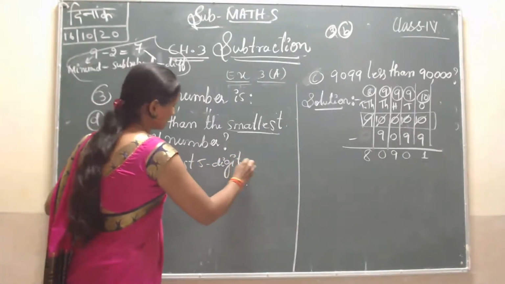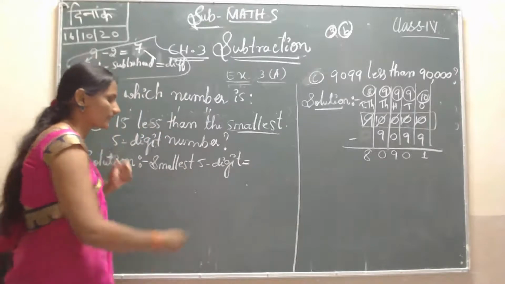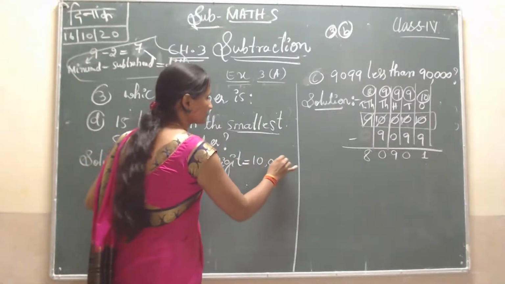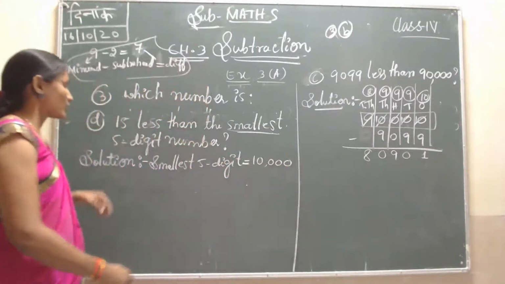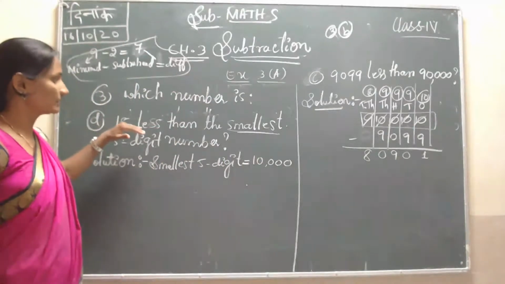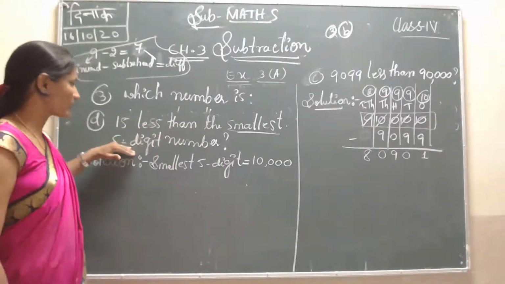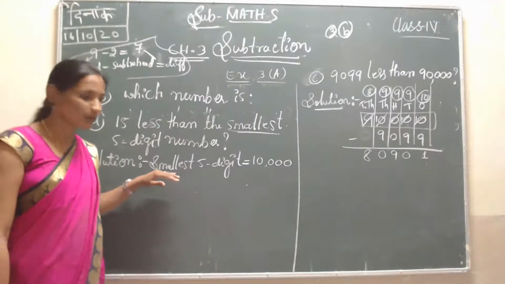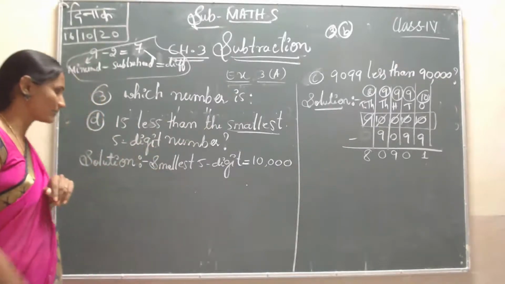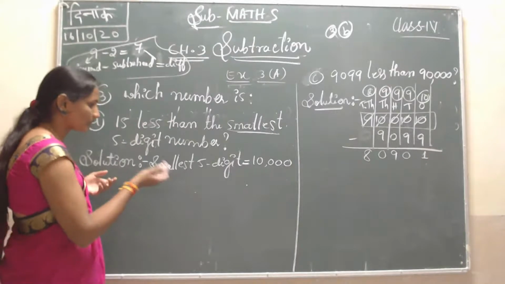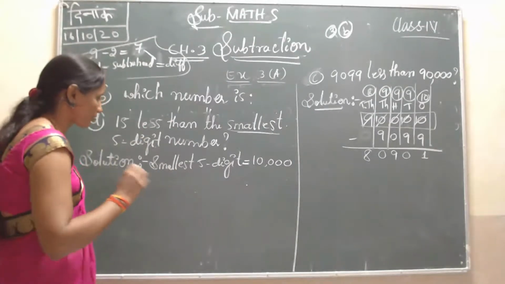What is the smallest 5-digit number? That is 10,000. So the question given is 15 less than the smallest 5-digit number.